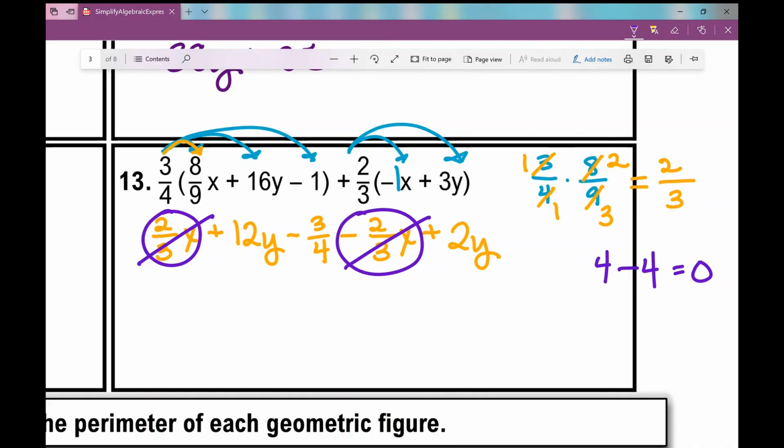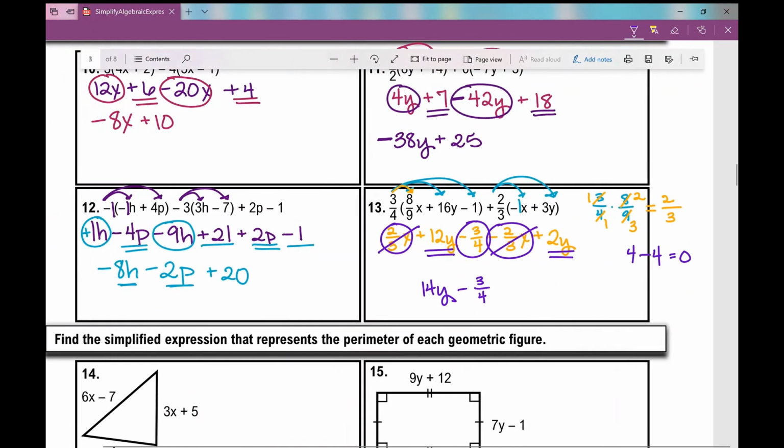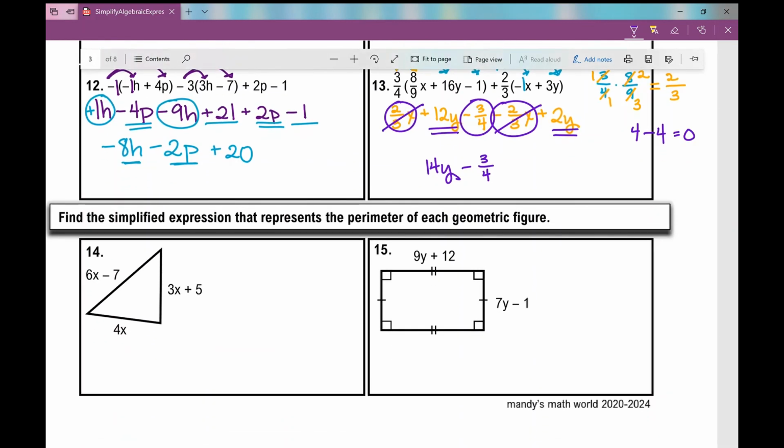So I'm just going to remove them. Now let's look at our variable term. 12y plus 2y is what? 14y. And then negative 3/4 is all on its own. So minus 3/4.